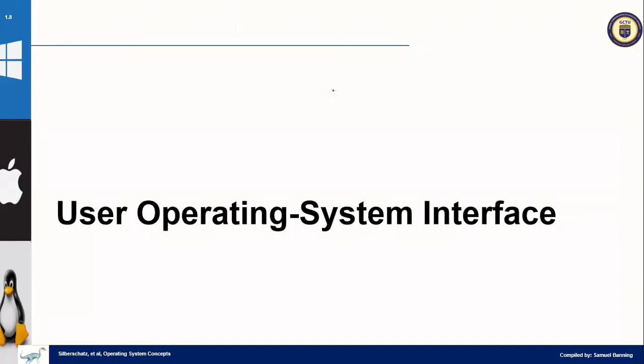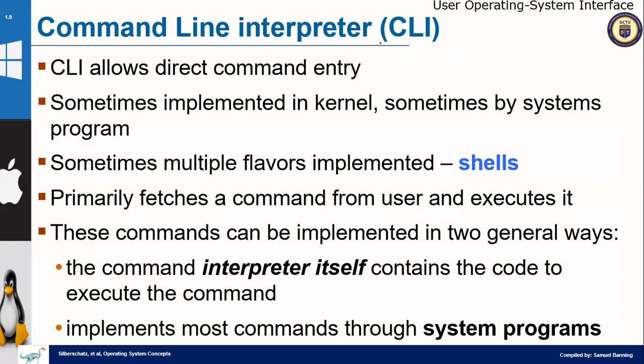All right, let's look at the operating system interface. Let's start with the command line. What is the command line? Some operating systems include the command interpreter. Usually this is in the kernel. If you look at the Windows operating system and maybe the Unix operating system, they treat this command interpreter as a special program.